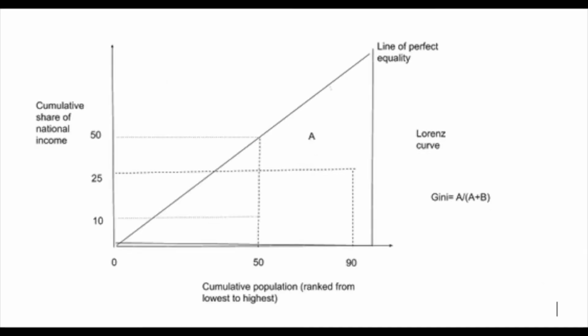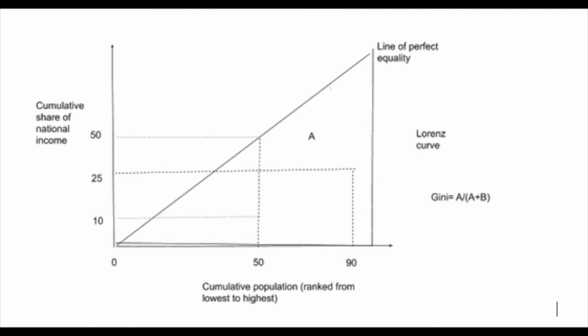On the other hand, if we imagine a situation in which in a country one person has 100% of the nation's income, then the Lorenz curve would look like a vertical line, with the one person having 100% of the share of national income and the rest of the population having 0% of the share of national income.